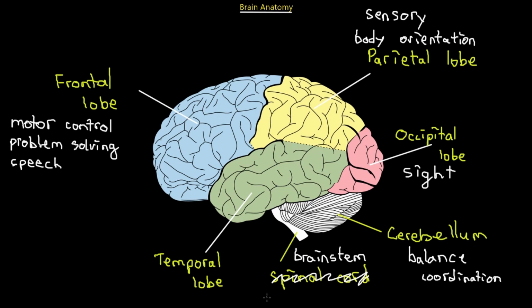So for example, it controls things like our pulse, controls breathing, it controls a number of different reflexes like coughing or vomiting or sneezing. All of these different reflexes and some of the most fundamental functions that keep us alive, those basic functions that we have, are coming off from the brainstem.